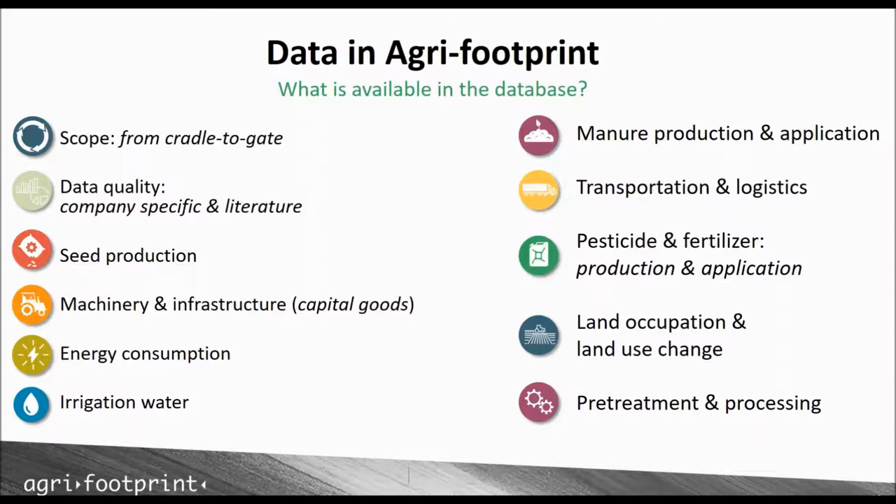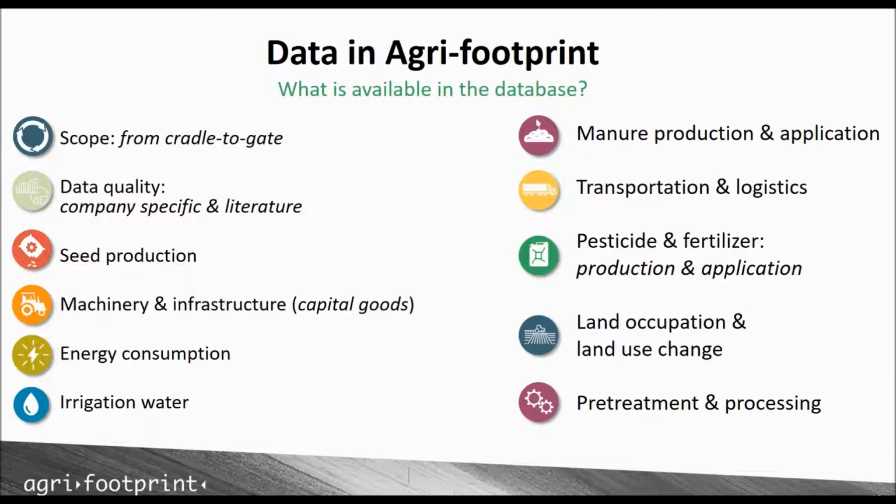And now a bit more on the inventory. In the cultivation process, we consider the production of seeds, the main machinery and infrastructure required, the energy consumption in the field, as well as the use of irrigation water. We also include the production of manure and emissions due to application, as well as production and application of fertilizers and pesticides.